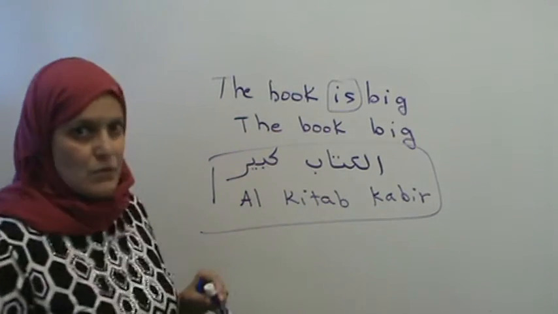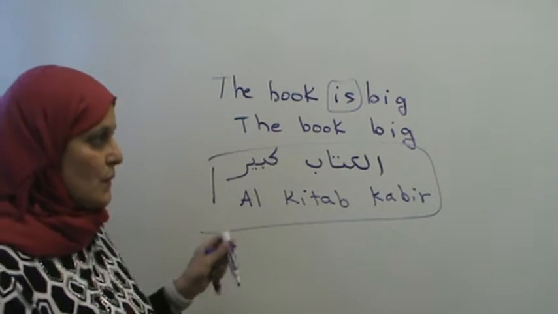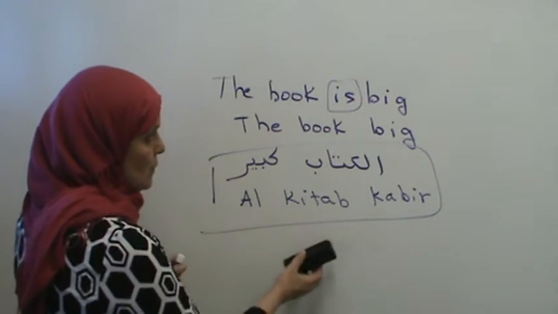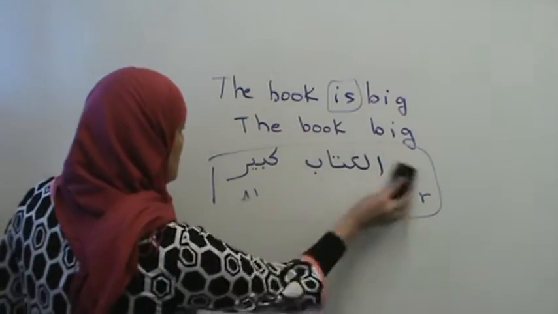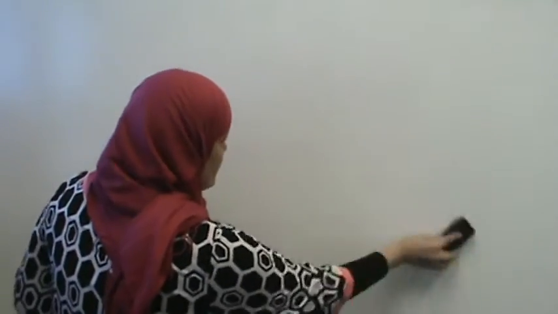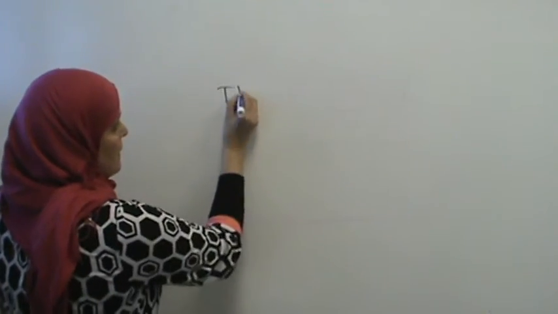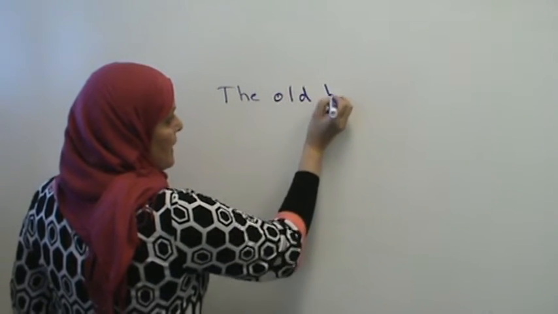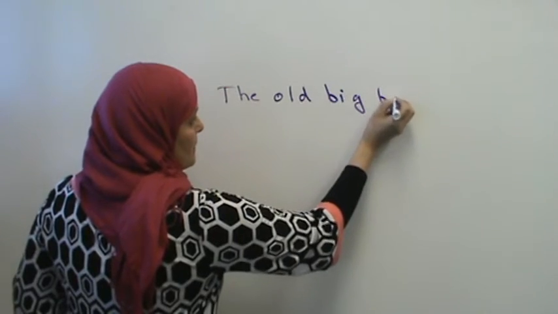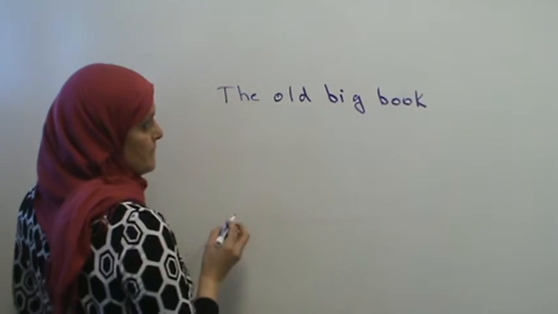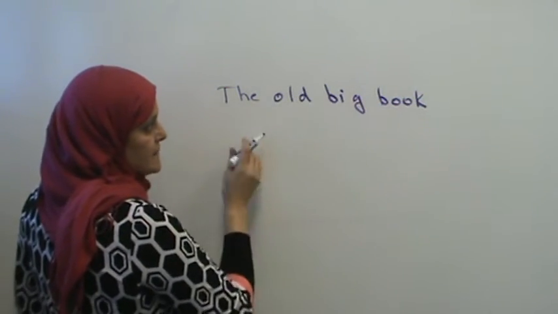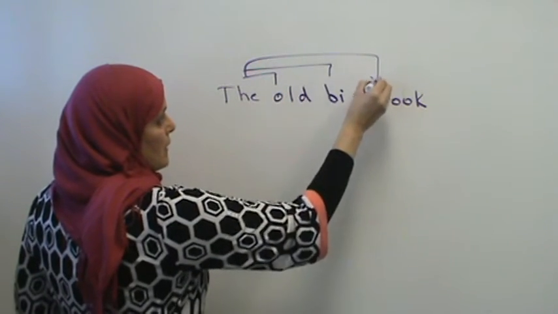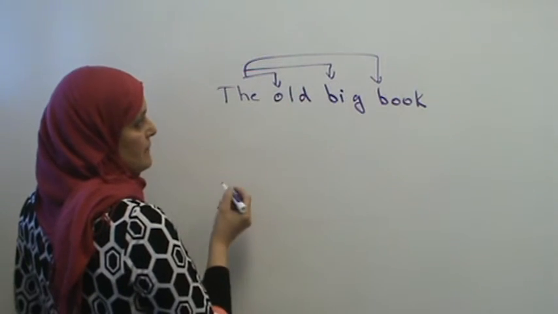Now I am going to move to another thing, when I do it with two words. Let's say I want to say the old big book. Since there is no is, the gonna go to every single adjective.